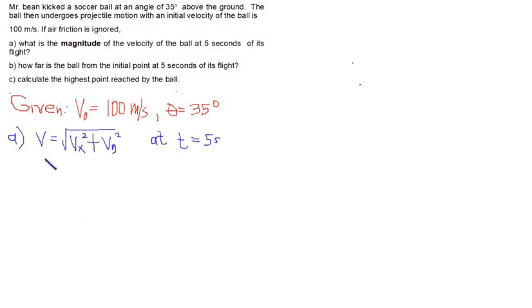The magnitude of the velocity is given by the square root of the x component of the velocity at 5 seconds squared plus the y component of the velocity at 5 seconds squared, and we get the magnitude of the velocity at time 5 seconds.